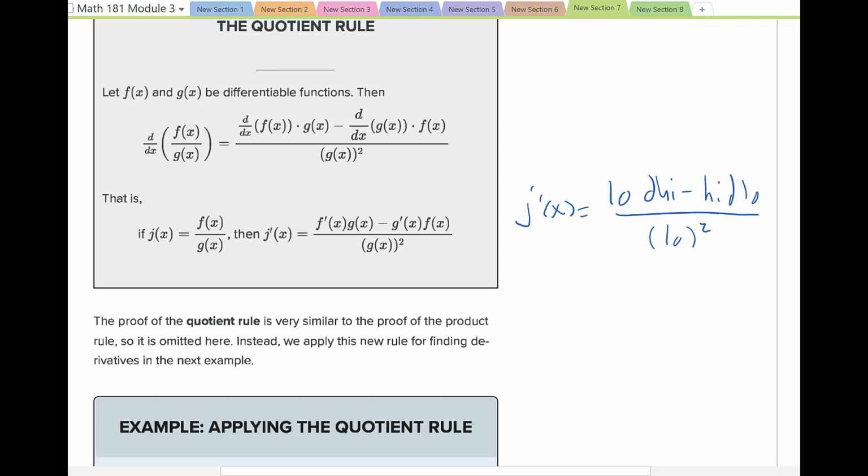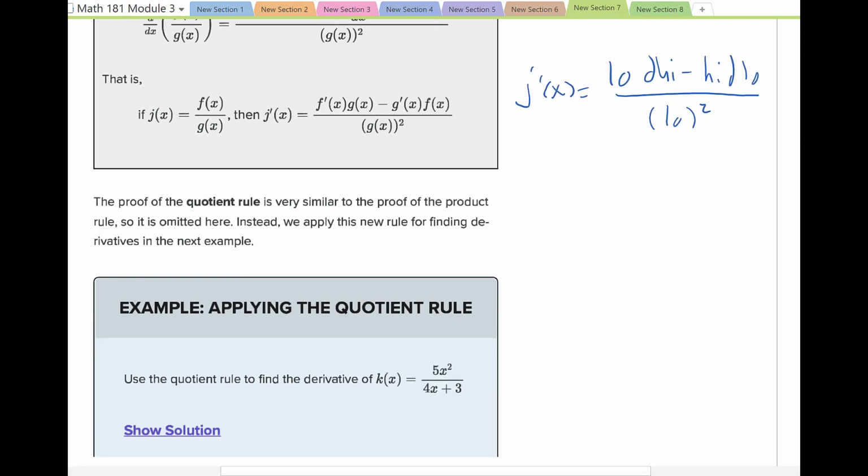Low d high means the low part, the denominator, times the derivative of the high part, the numerator, minus the high part, the numerator, times the derivative of the low part, the denominator, over the square of the denominator. Low d high minus high d low, all over the square of what's below.